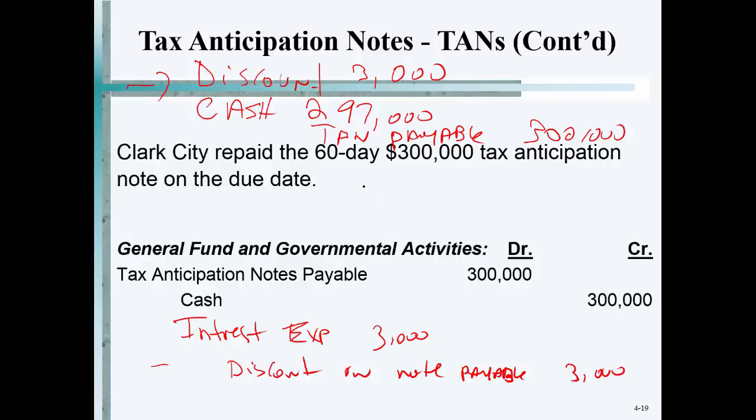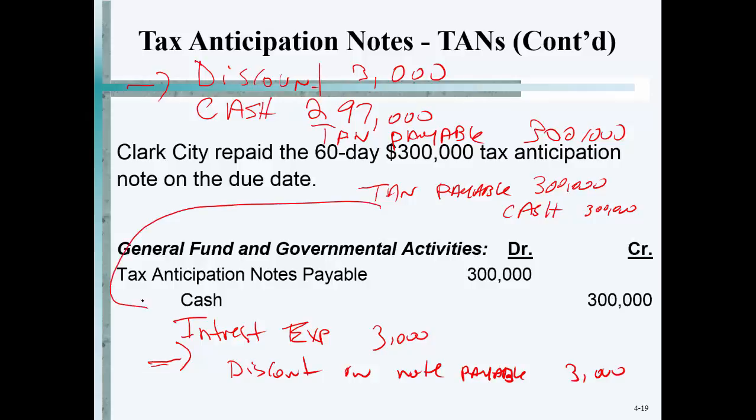So I'm going to debit the TAN payable for $300,000 and credit the cash. I forgot to pay back my principal on this. I've got to pay back the principal, don't I? Nobody lets you borrow money without paying back the principal. And then I just go ahead and recognize the, oh, there it is.